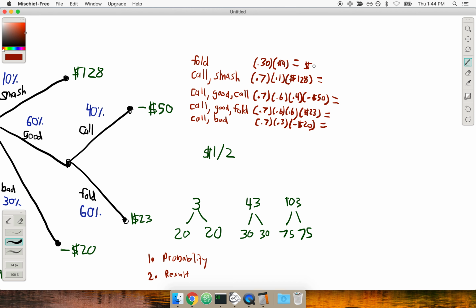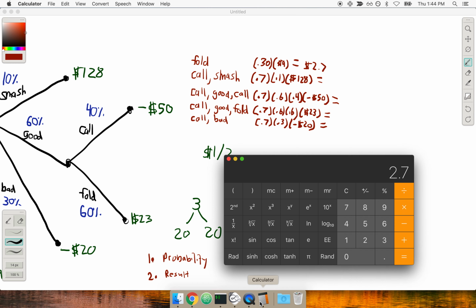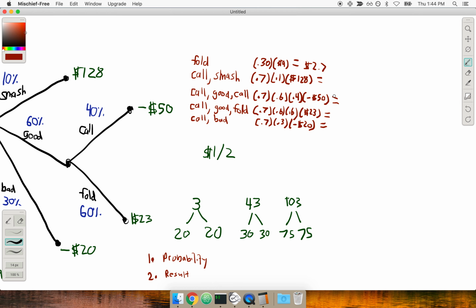So here we win $2.7. Okay, so now 0.7 times 0.1 times 128, that's 8.96. So the value of this branch is 8.96.